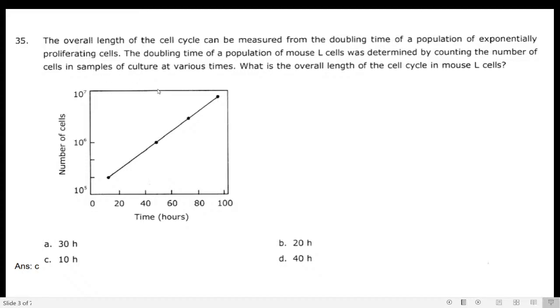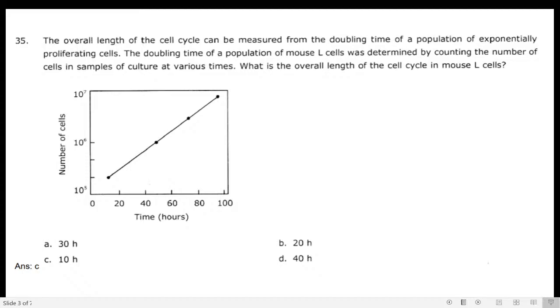Exponential means the cells are in the exponential phase. Cell growth has lag, log, exponential and death phases, right? Those cells are in the exponential phase, that is the growing phase.